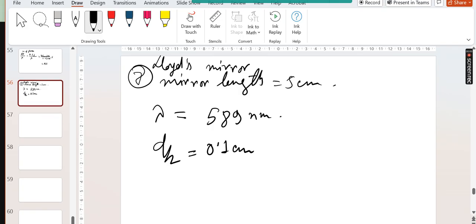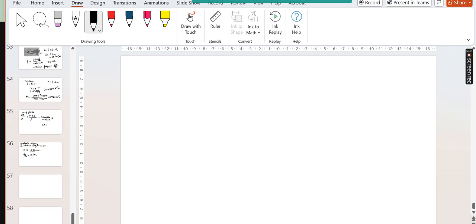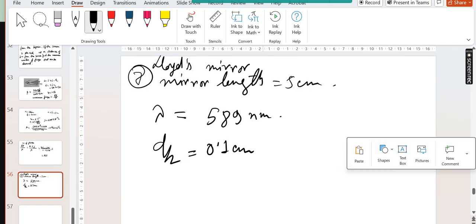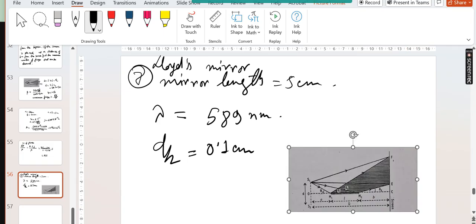So A is equal to 0.05 meter from its near edge.